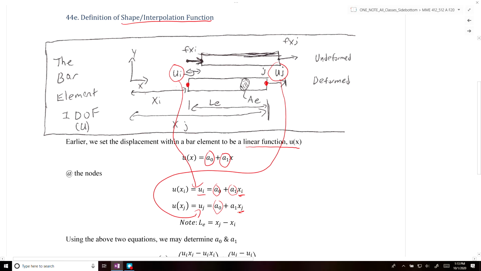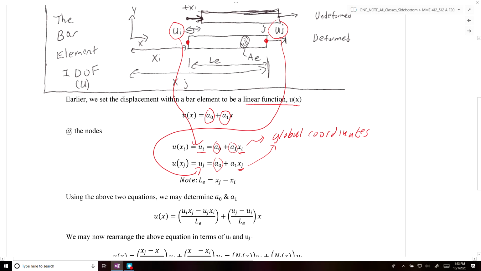Here x of i is in the global coordinate system. The one thing I will mention here is that the length of the element would be equal to xj minus xi.